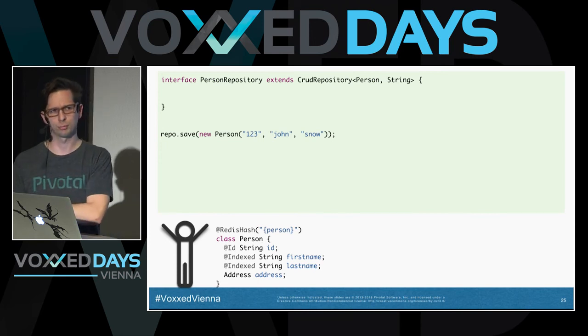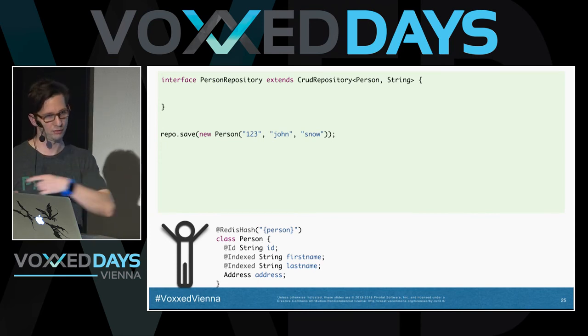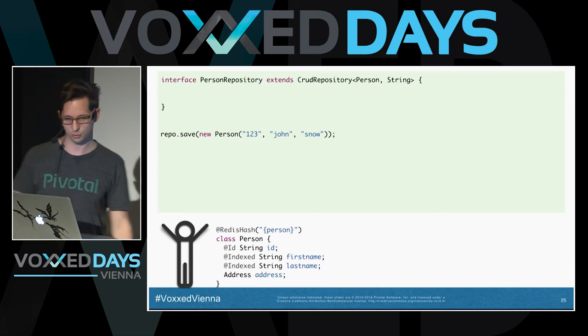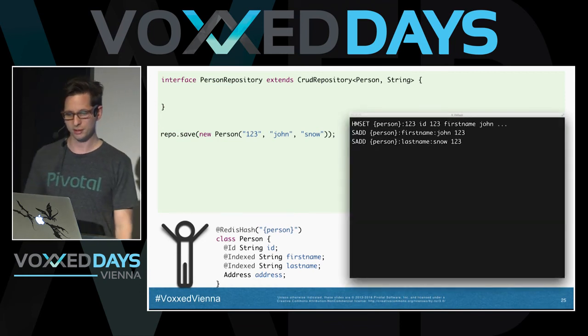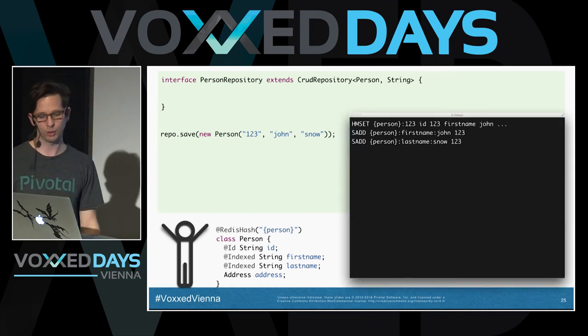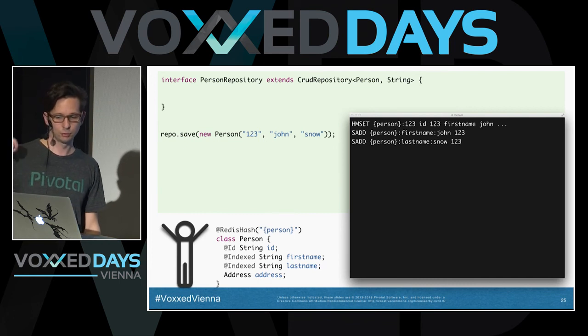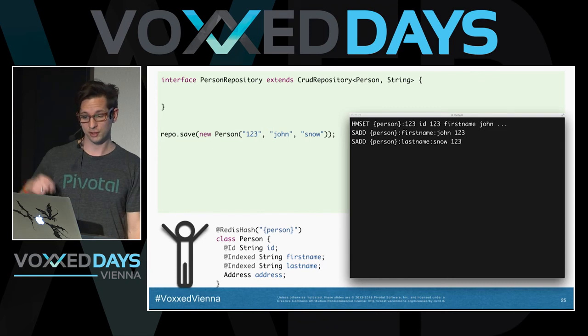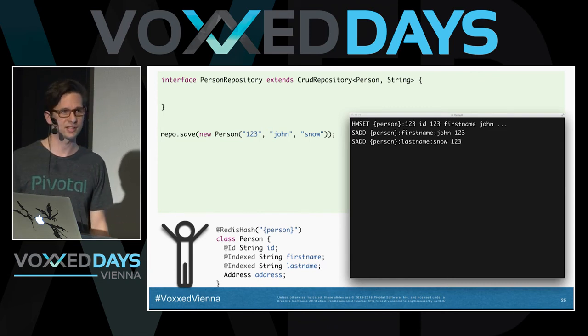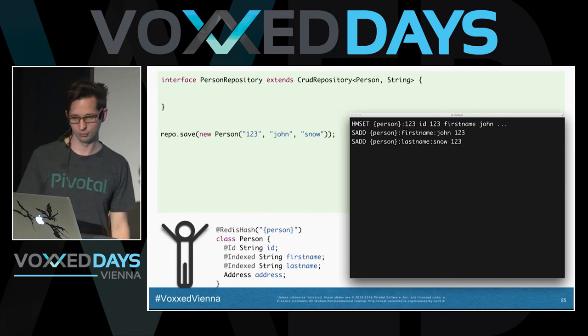It also works on nested properties, so you could put something into address and address city, and it would get indexed as well. But here, we just call a repository save, give it the Jon Snow, and it uses the object hash mapper that we have in place to create the hash, and it detects the indexed annotations and the values there, and it sets up the sets for you for use.